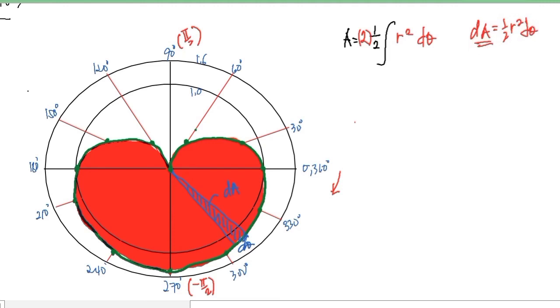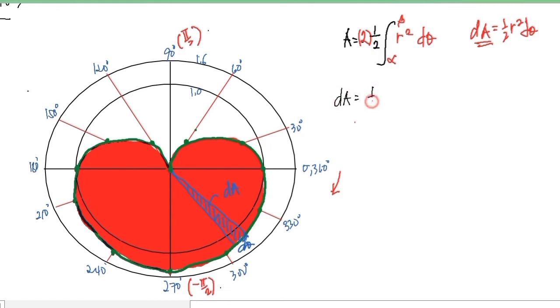Now, for our angle, since we will start with alpha to beta, yung alpha natin is this negative pi over 2. Ang beta natin ay ito. Kasi ang kinukompute natin, kalahati lang ng cardioid. Tapos, ita-times 2 lang natin siya. So, we have here 2 tapos 1/2. Later na lang, ipasok na lang natin siya mamaya. Ang gagawin muna natin, computein muna natin yung differential of area.